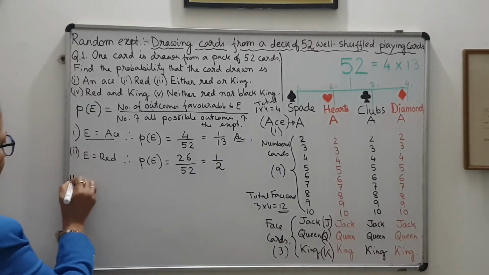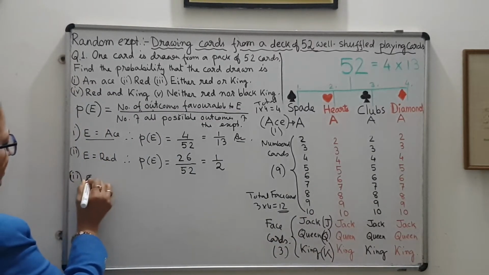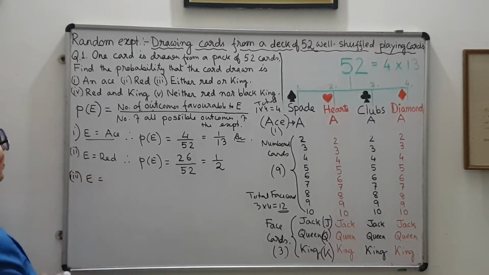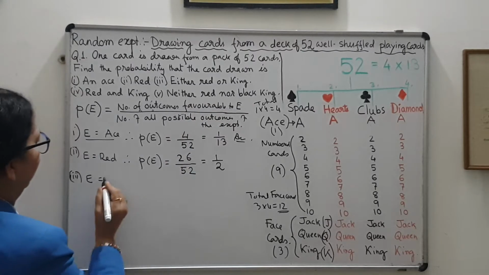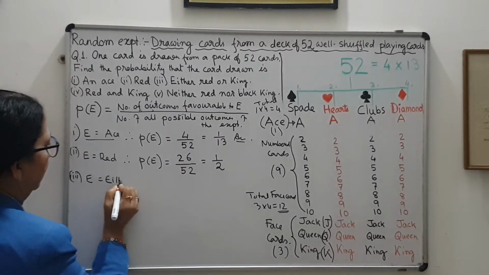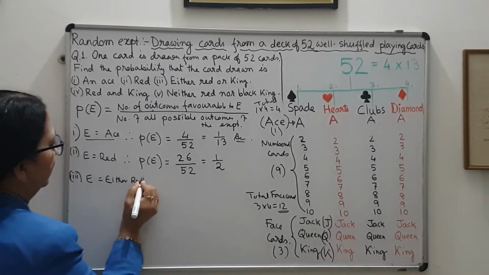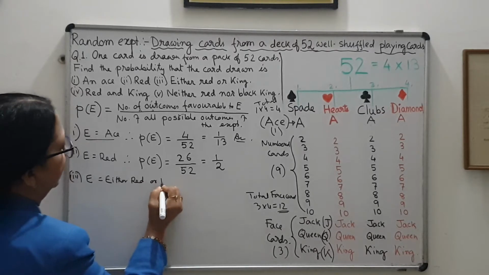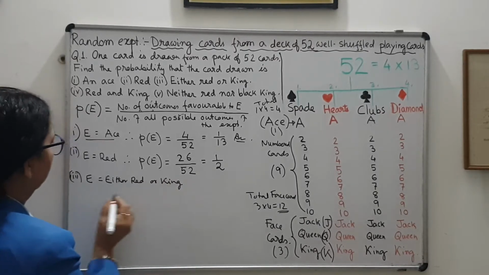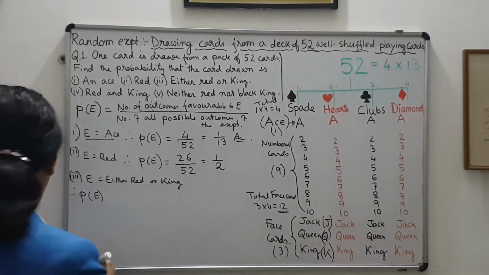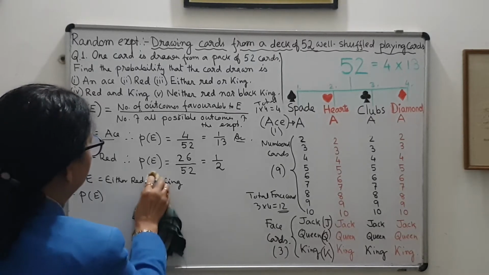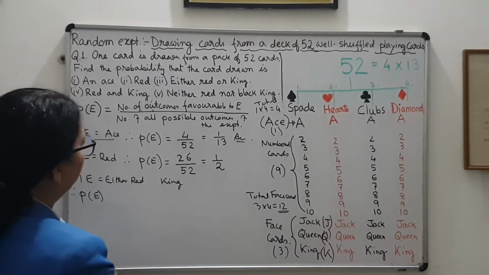The third event is either red or king. Now one thing that is very important is that the language is important.